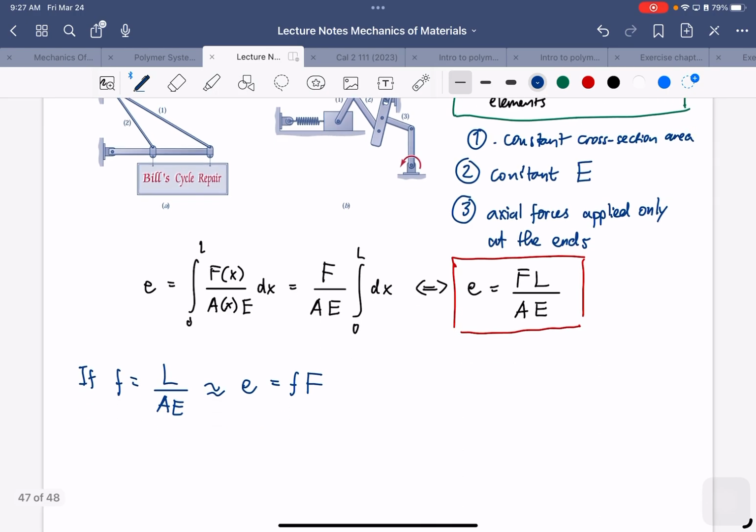And then if we write that F is K delta, K is like the coefficient for us, if you remember Hooke's law, usually we write with K. And in this case, our K is also A E over L. Okay, so basically the same thing.